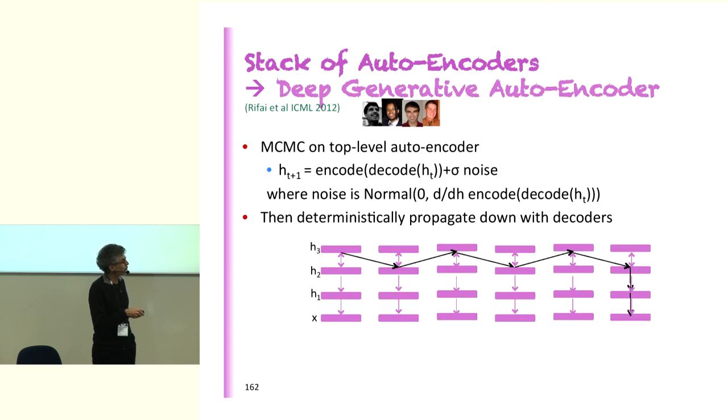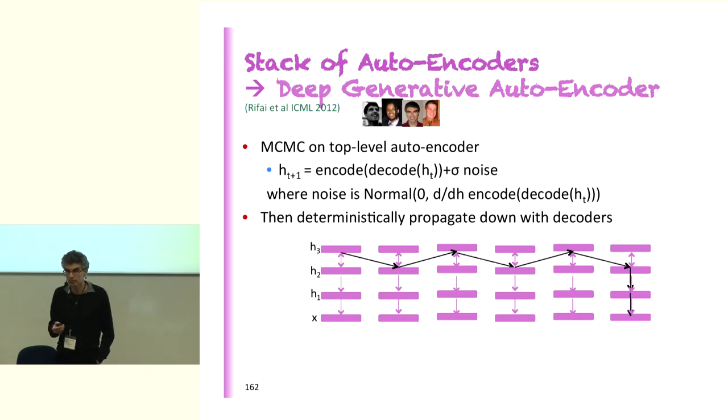And then you can just apply the decoder of each lower layer, and you project back into input space. So it's exactly analogous to the DBN.